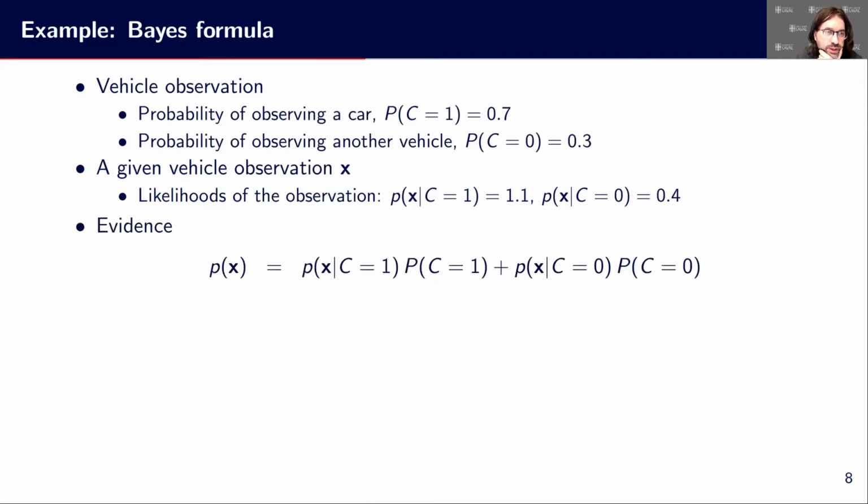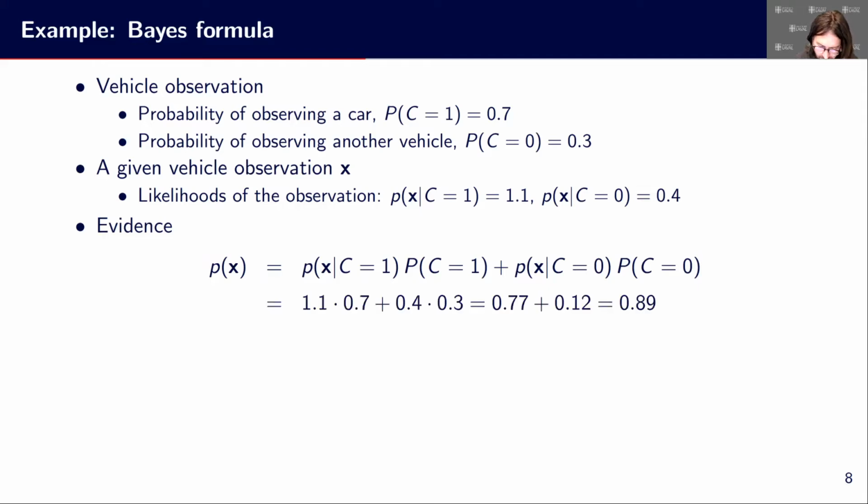Then, looking at the evidence, we take the likelihood of getting X assuming class 1 times the probability of getting a sample from class 1, plus the likelihood of getting X assuming it is from class 0 times the prior of class 0. This gives us the evidence P(X).